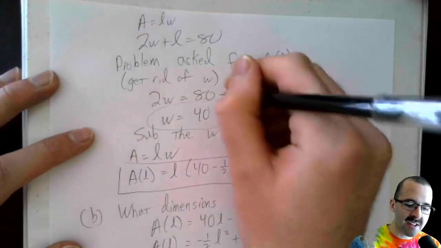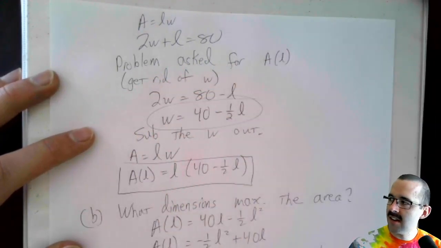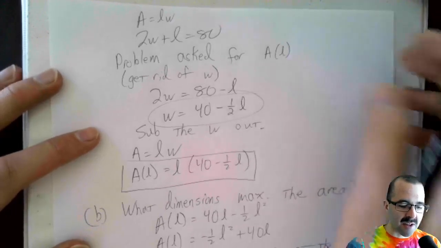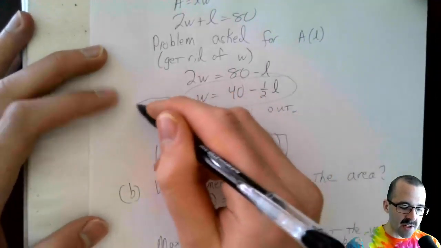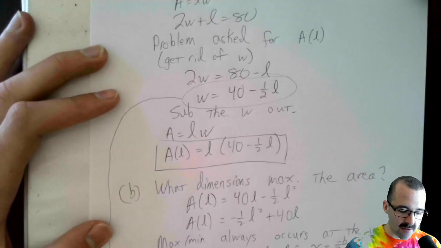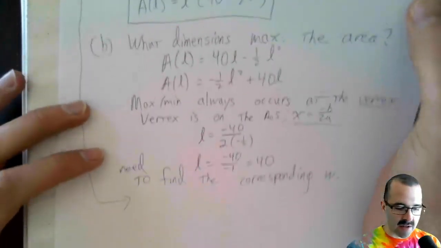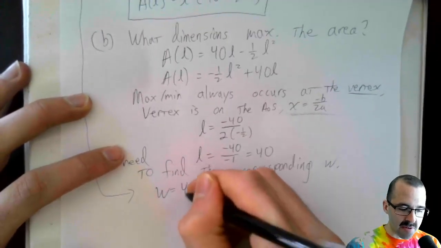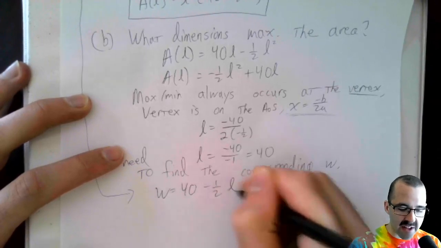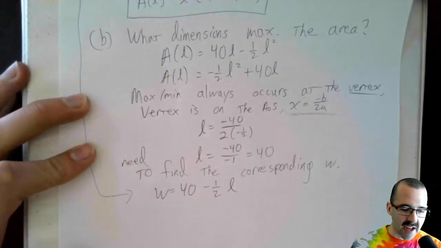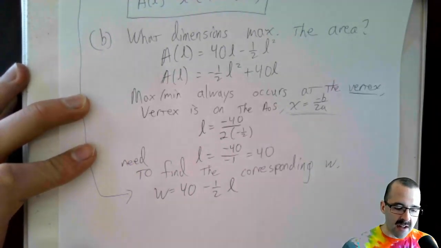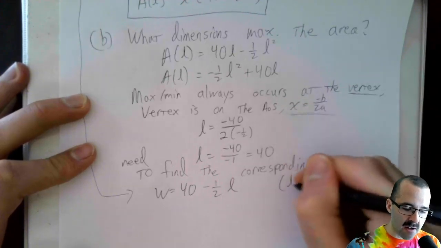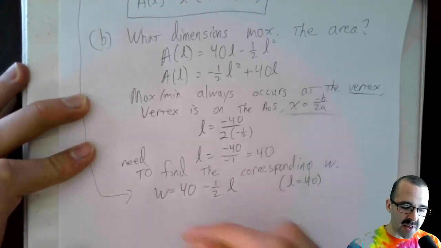W is 40 minus 1/2 L. So we're going to use this to do it. So let's take this formula all the way down here. Right? W is equal to 40 minus 1/2 L. We already found that. That was in part A. So if L is 40, we find out what W has to be.